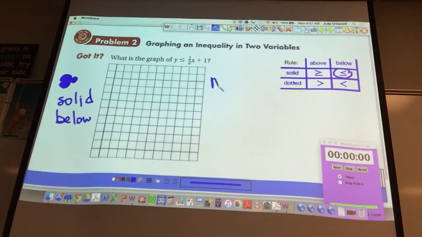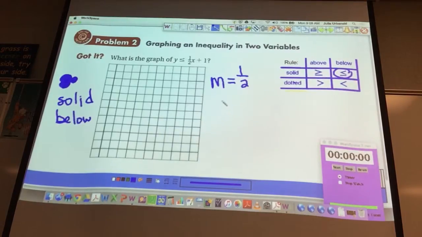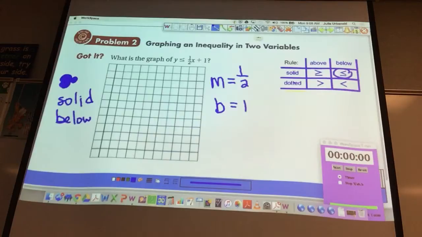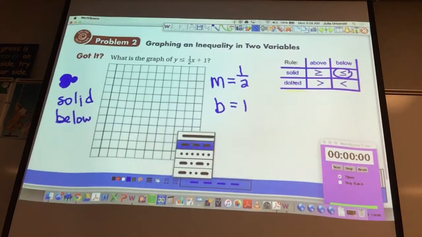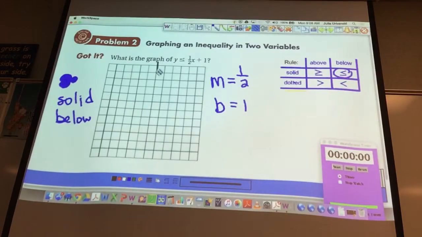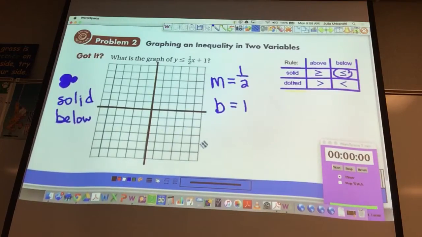What's my slope? One over 2. What's the y-intercept? 1. All right, so using your ruler, make the nice graph there where the x and the y are both in the middle. Go ahead and do that with your rulers.